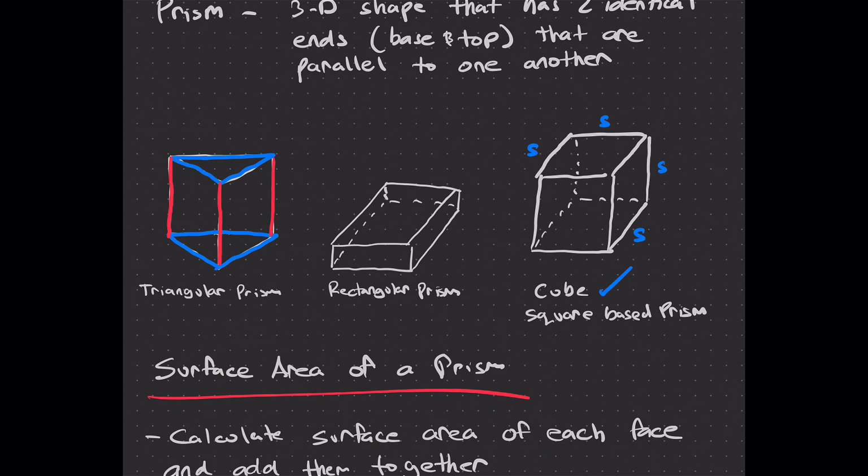Now again, just like the triangular prism, in a rectangular or square-based prism, we have a base and we have a top, which are the two ends that are identical in shape and parallel to each other, and in between these connecting lines create the height of the object. And the same is true for our cube, and like I mentioned earlier, these heights right here would all be the same.